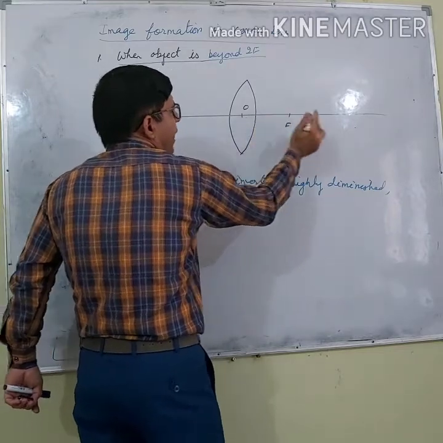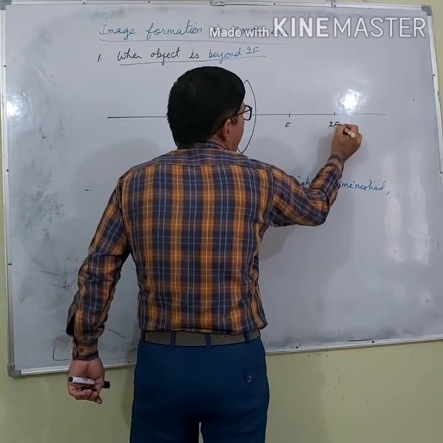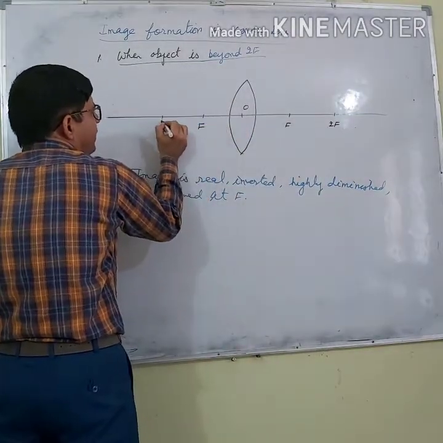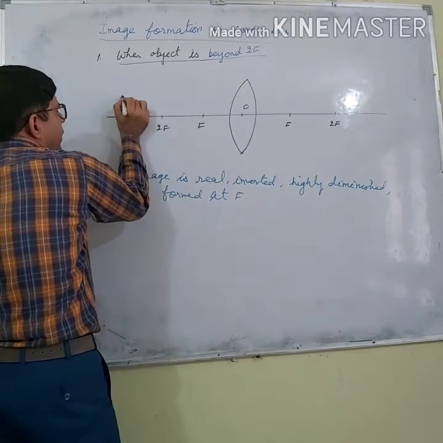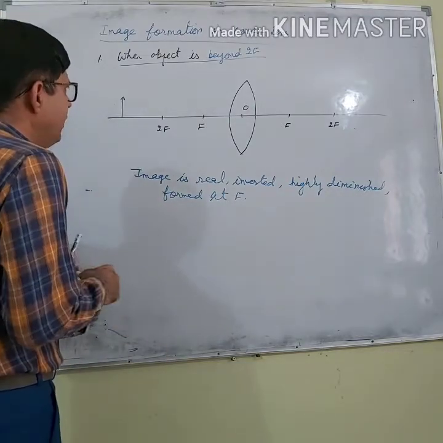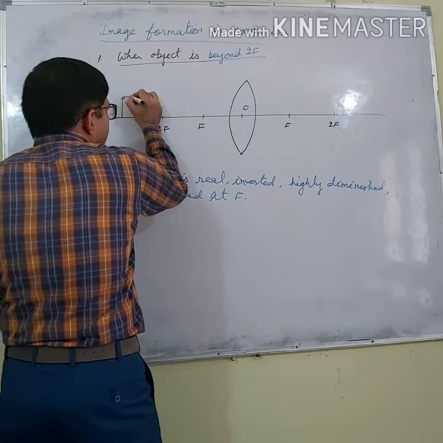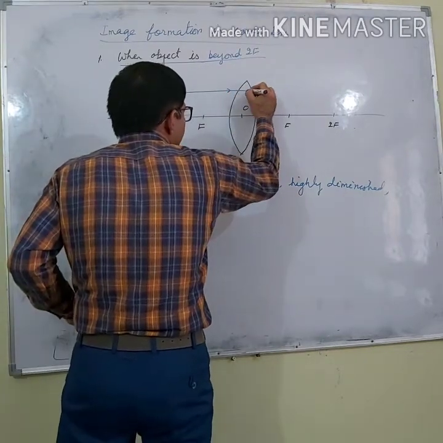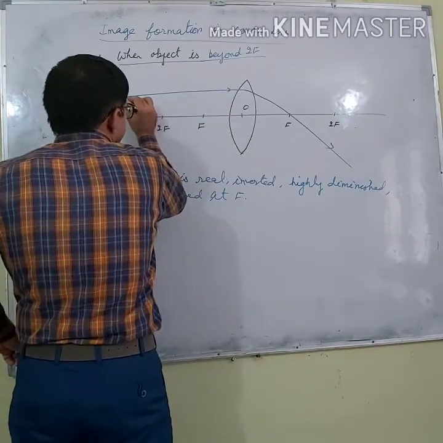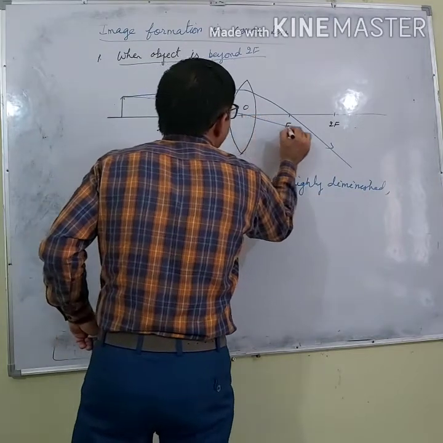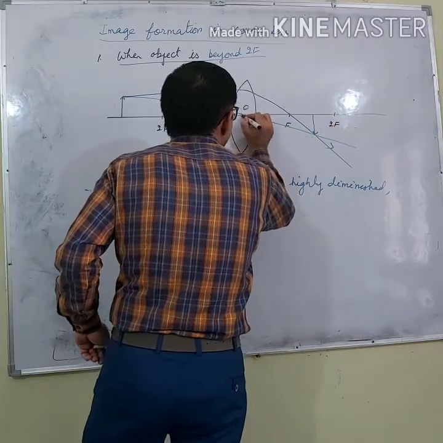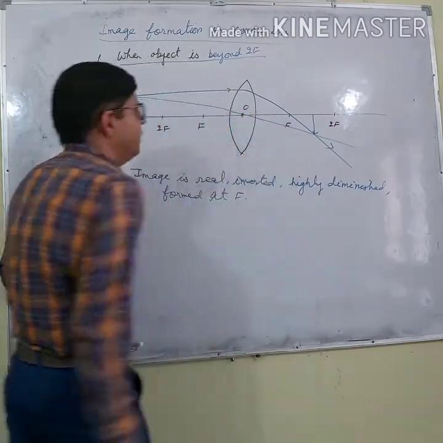At 3 centimeter mark F, further 3 centimeter mark a point 2F, and here also 3 centimeter mark F and 3 centimeter mark 2F. How the image will be formed? Simple. One ray of light is parallel to principal axis, it passes through the focus. And second ray of light passes through the optical center without any deviation.